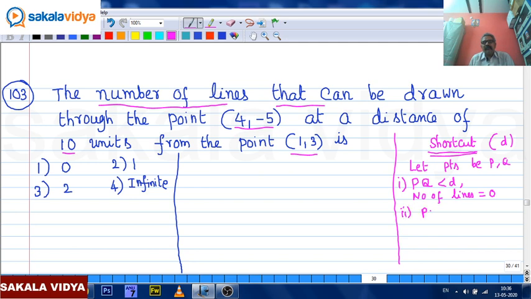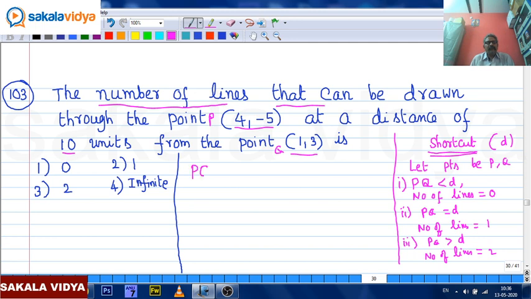Second, if PQ equals d, the number of lines is 1. Third, if PQ is greater than d, the number of lines is 2.